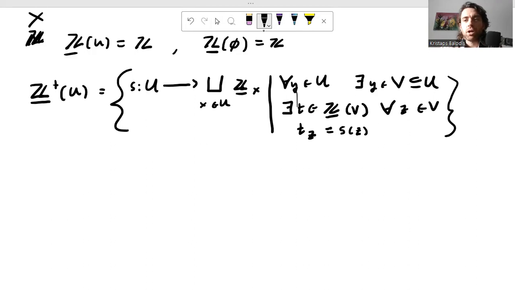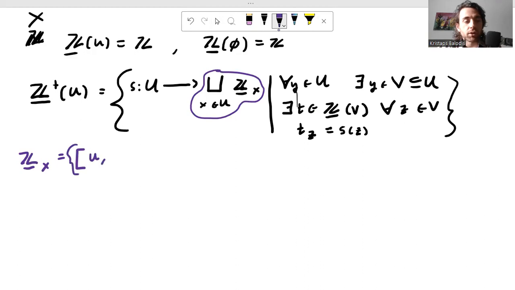So if we want to get a grip on what this thing actually looks like, well, first we should probably see what the stalks of our constant sheaf are, right? So the stalk of a constant sheaf at some point, remember, this is the set of all equivalence classes of pairs (U, T), where U contains x and T is a section of our presheaf over U. So really it's just an integer, right?